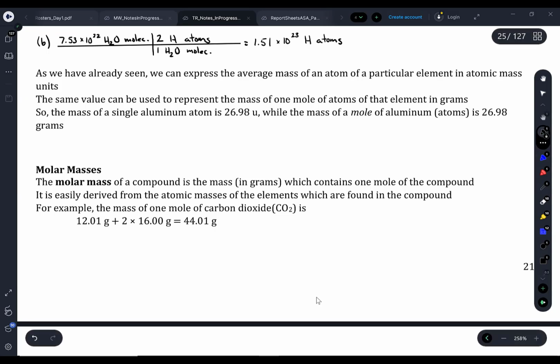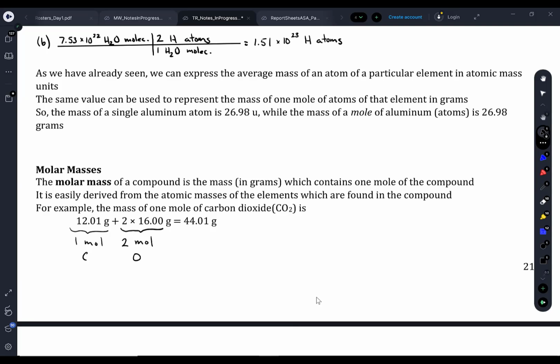To do this with carbon dioxide, I see that there's 1 carbon atom for every 2 oxygen atoms. So I could say there's 1 mole of carbon for every 2 moles of oxygen. And this 12.01 is what? That's 1 mole of carbon that we see from the periodic table, right? And then the 2 times 16 is 2 moles of oxygen.